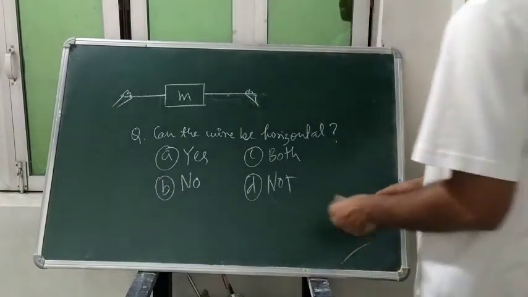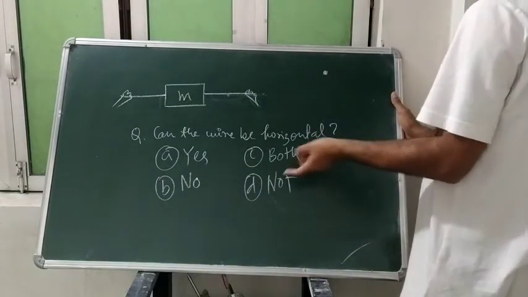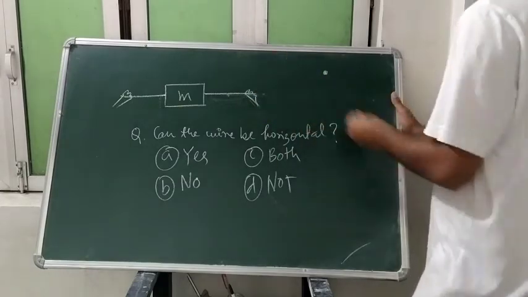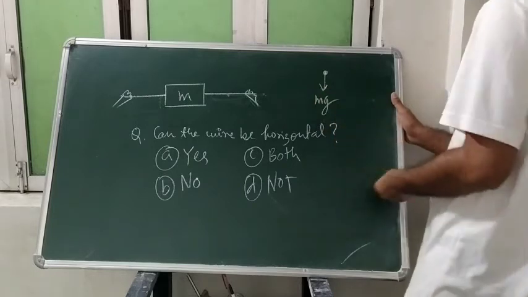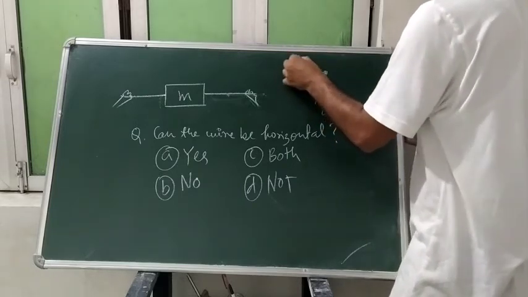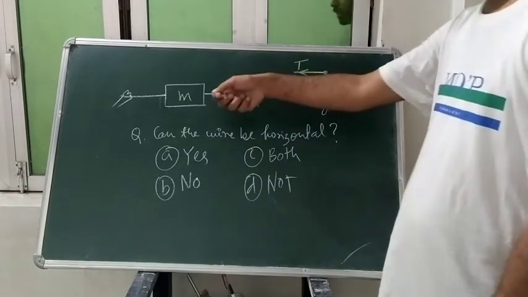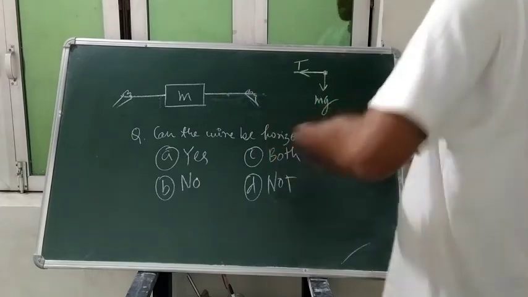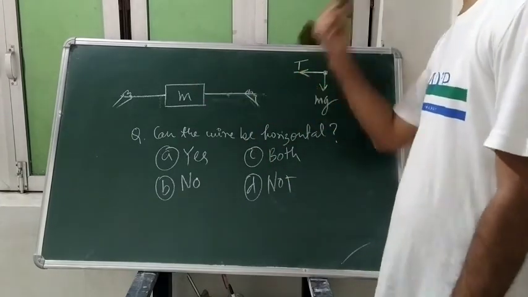So you guys will make a free body diagram, where our object of interest is your M. So due to the mass, the force due to gravity, mg will act here, and a tension will act in this direction. Look student, tension will be along this string and it will have a pulling effect.